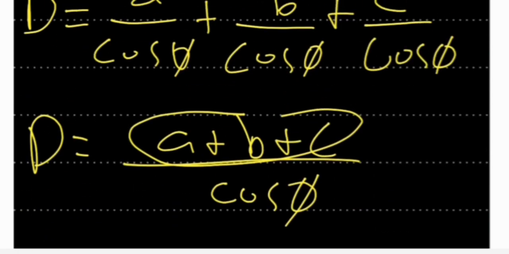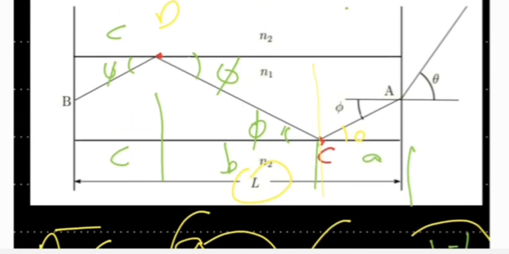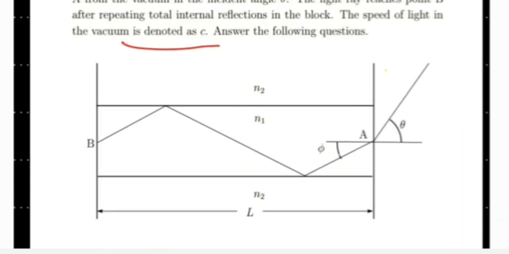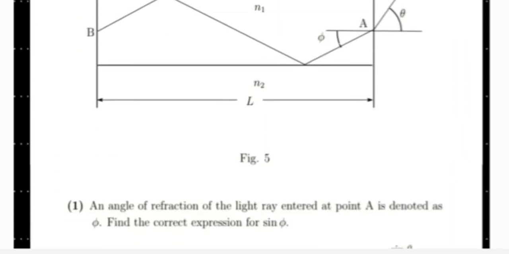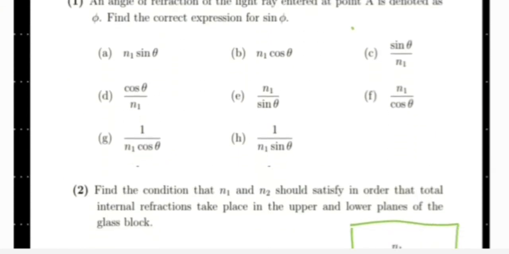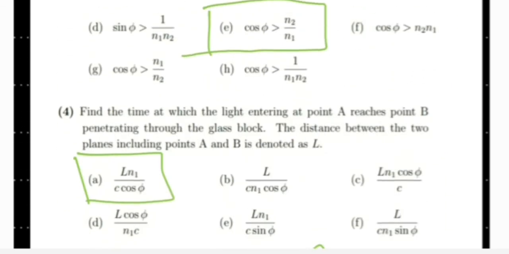So L multiplied by n1 divided by c cosine of phi, this one over here. So yeah, they put a little bit of mathematics, trigonometry and triangles in this question over here. So this is the answer.